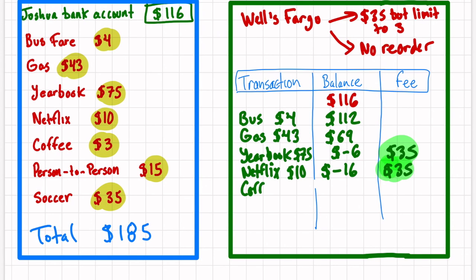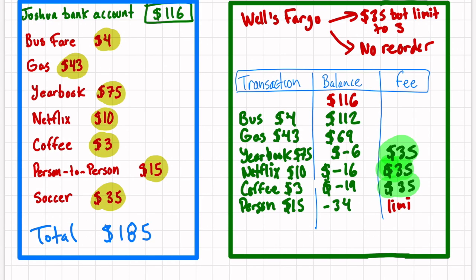The next one that Joshua did was $3 for coffee. So negative 16 minus 3 is negative 19, so a $35 fee. And then the person-to-person transaction was $15, so negative 19 minus 15 is negative 34. Because Wells Fargo has a limit of 3 fees per day, I don't have to pay a fee for this transaction.